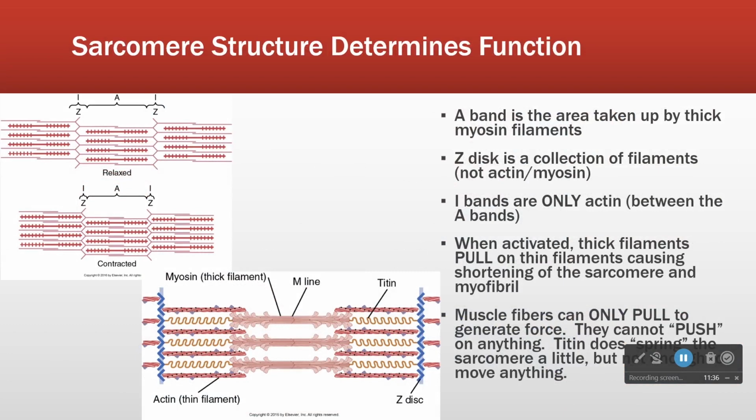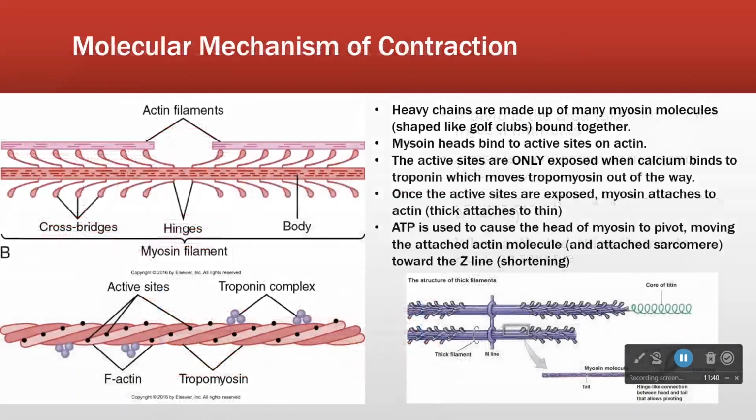Sorry, the myosin binding sites on actin. And the purple ones are the troponin complex. It's easier for me when we put it into motion. Okay, so these myosin heads are going to interact with the active sites on the thin filament, okay? And that's going to cause contraction.